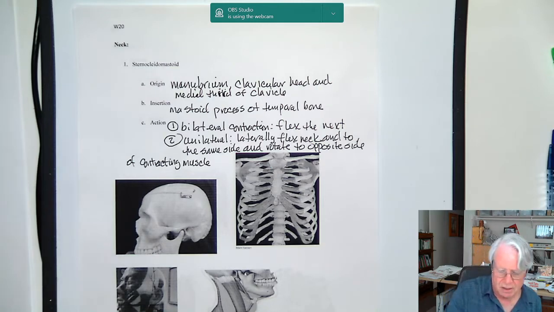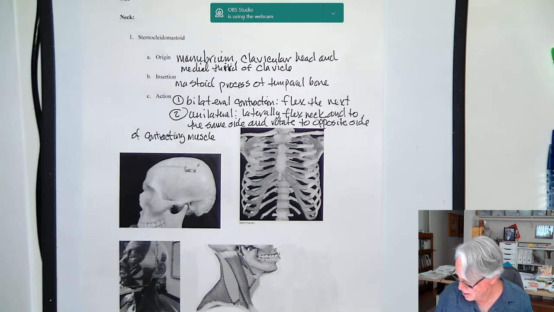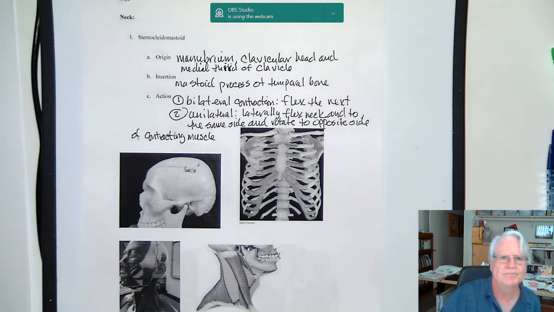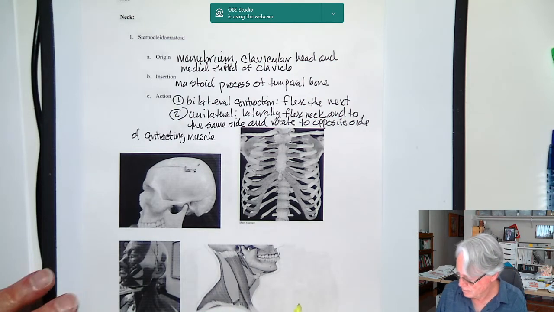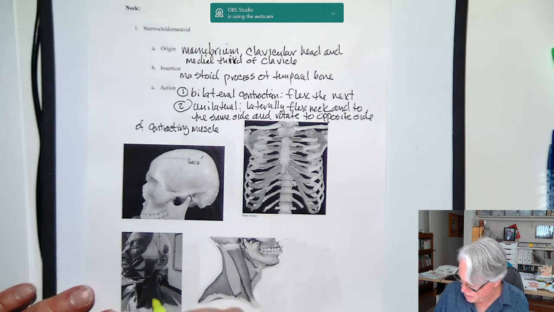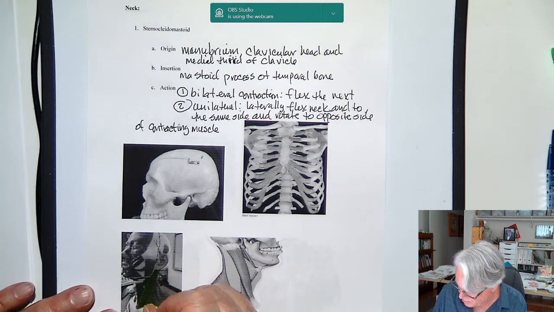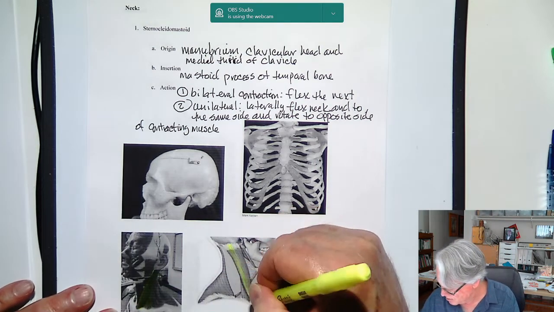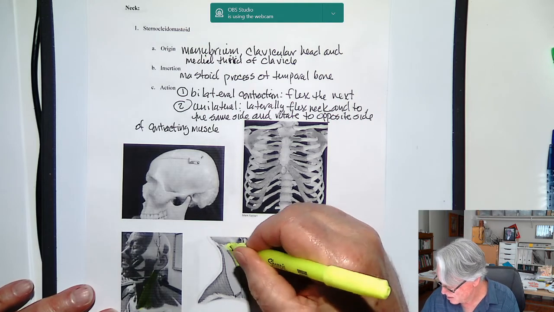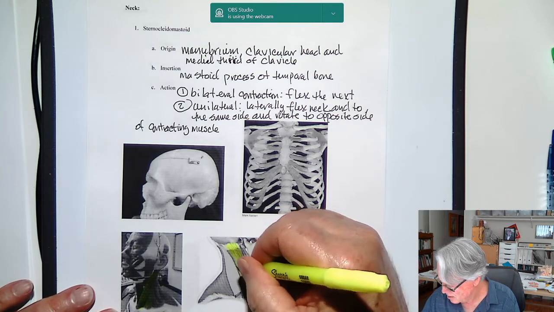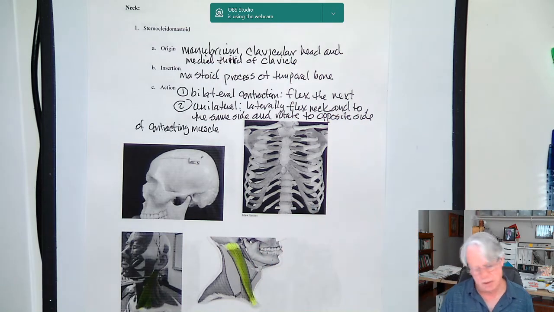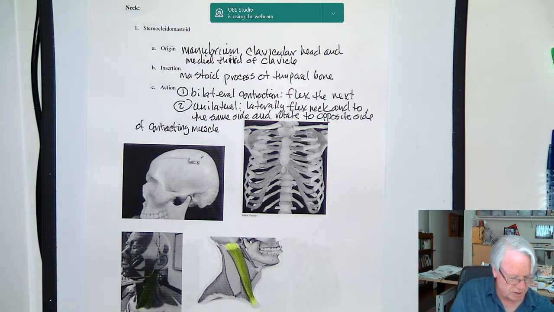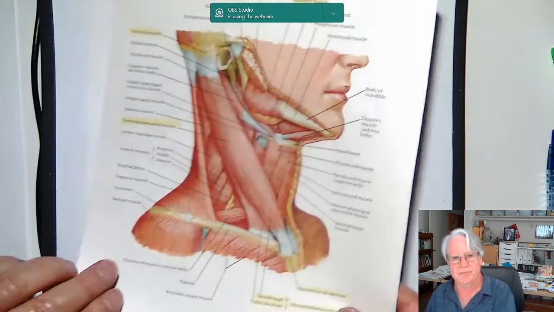Okay. So let's do the origins and insertions. Well, first of all, let's highlight. So here is the muscle here. And here we have a nice picture of it right there.